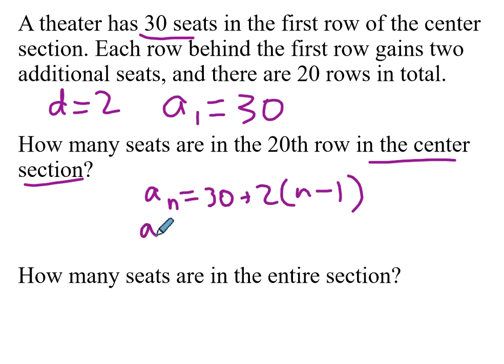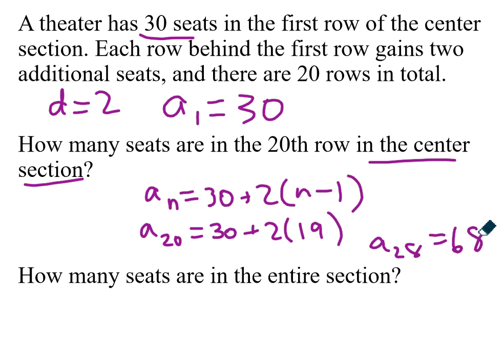So in the 20th row, I'm going to have 30 plus 2 times 19. See, I'm getting tired. I apologize. So 19 times 2 plus 30. There are 68 seats in that back row.